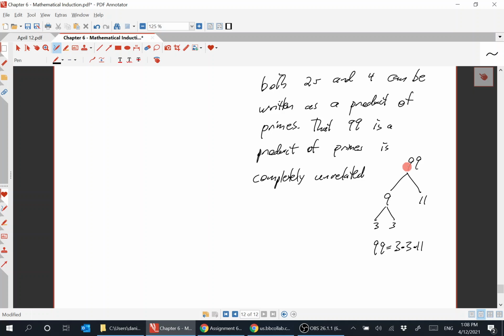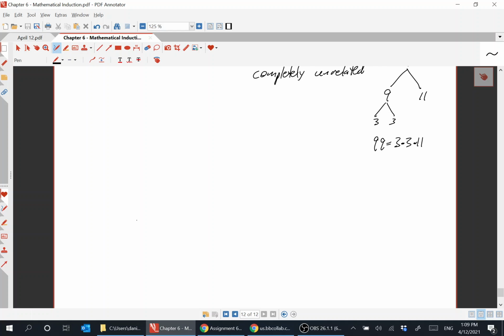So the fact that 99 is a product of primes follows from the fact that 9 is a product of primes and 11 is prime. 98 has nothing to do with it. 98 is 49 times 2, so it's 2 times 7 times 7. So on and so forth.